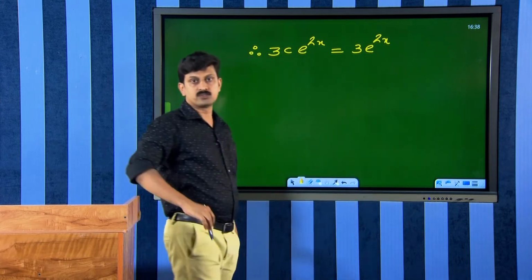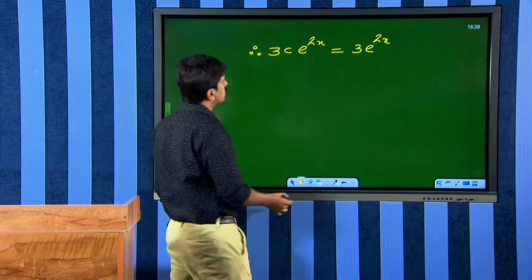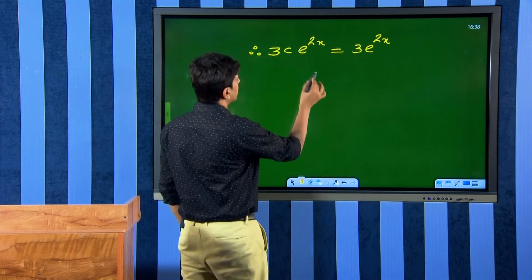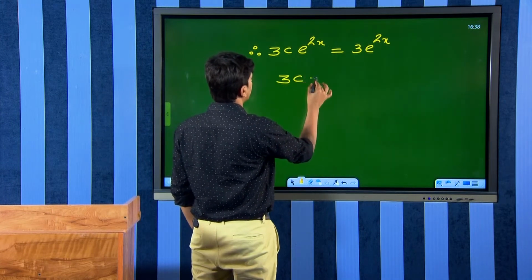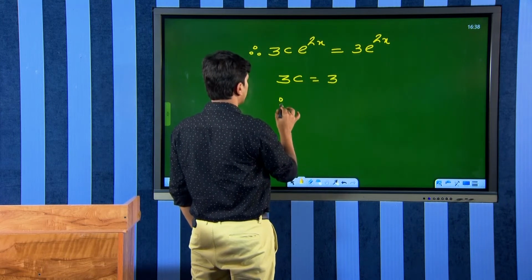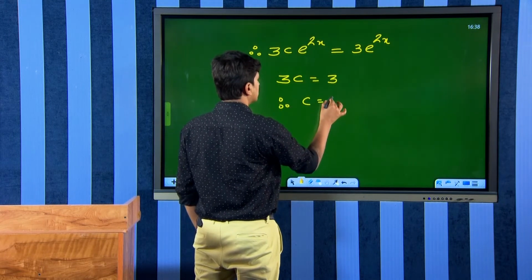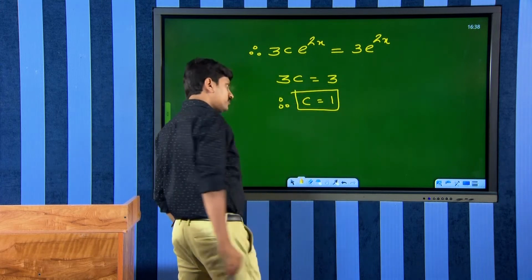From here we have 3 c equal to 3, therefore c is equal to 3 by 3, which is 1.